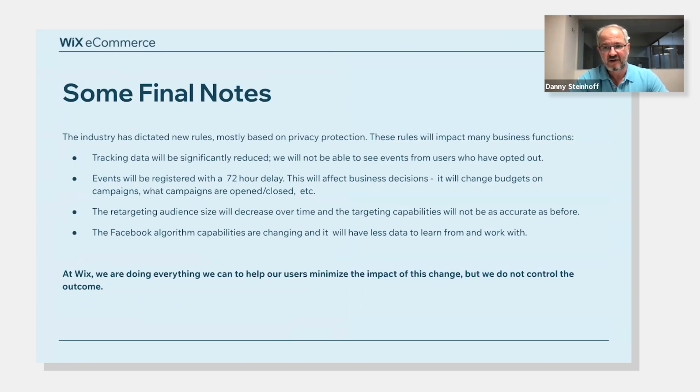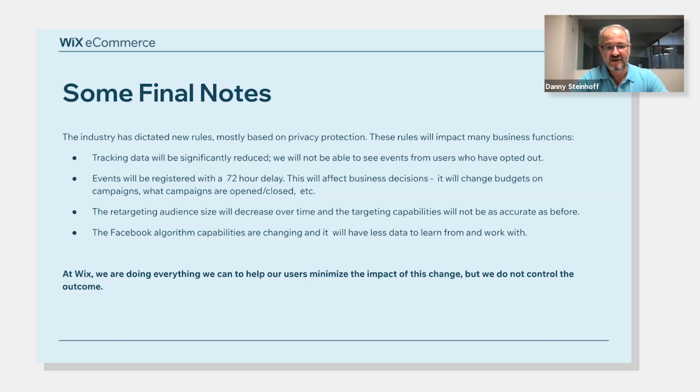So some final notes, which is really important to say here, is that we do not offer mitigation. We give you a survival guide, but you still will be affected by those changes which are related to the iOS 14 update.